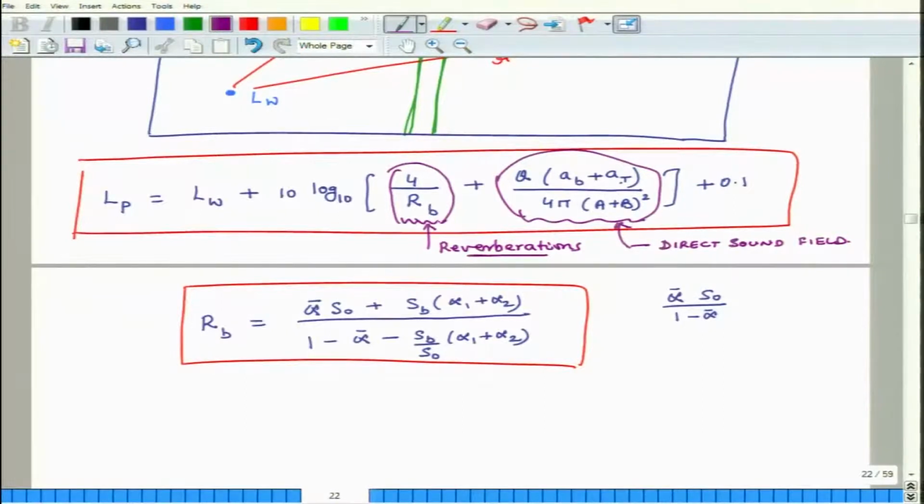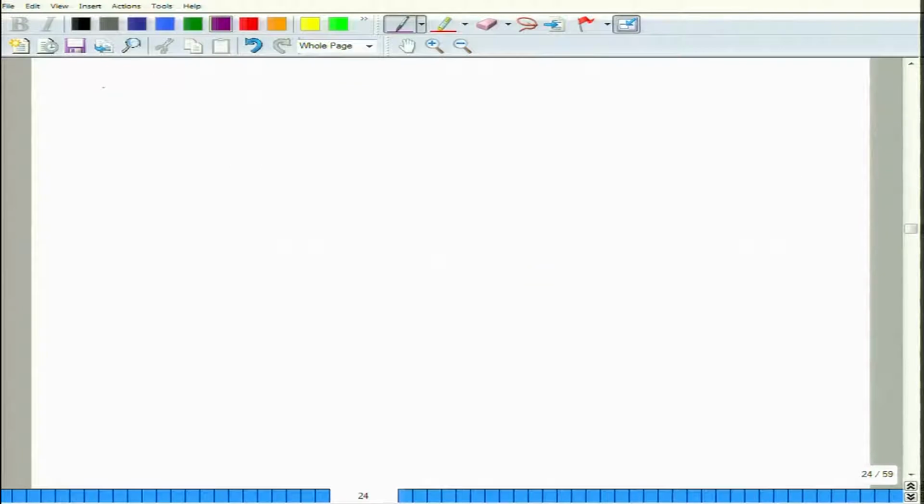So, the barrier will be particularly more efficient if this direct sound field term is much larger compared to the reverberation term, and we will actually do an example and we will see that, because there is only so much you can change RB, but this you can significantly influence. So, if the direct sound field is strong in the room to begin with, a barrier can do a very good job in terms of reducing the overall sound pressure level. So, we will do an example.